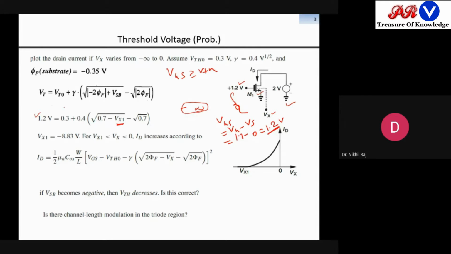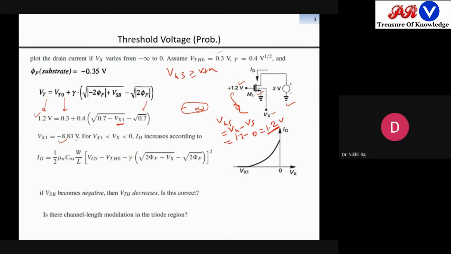So we can put in this equation Vt as 1.2 volt, Vt naught given by the manufacturer, and the 2 phi f value is also given. VSB is minus Vx. So we got Vx equal to minus 8.83 volt. At this particular voltage, my attainable threshold voltage is 1.2 volt.